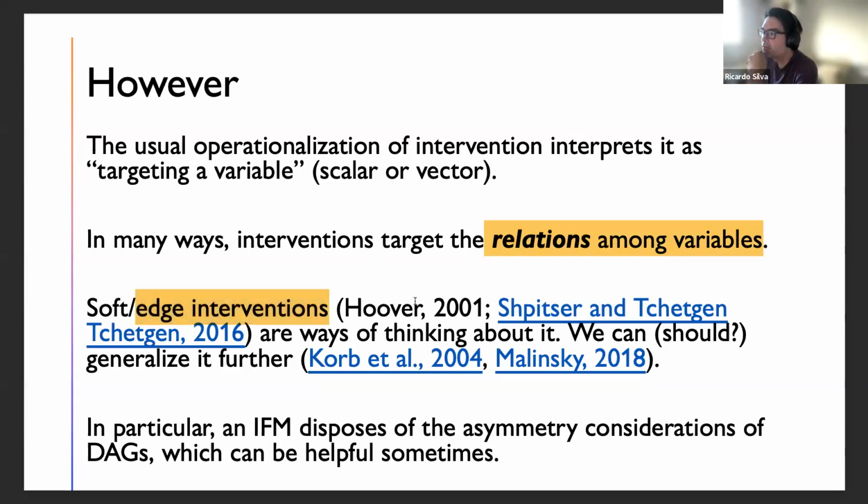This would be one particular way of understanding that the interpretation here is a changing relationship, not really a changing variable. In this case, you don't necessarily need the asymmetric considerations that we see in DAGs, where particular factors disappear if you marginalize the child variable, right? There's no notion of child or parent when you think of it just as a product of soft constraints.